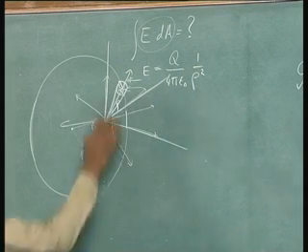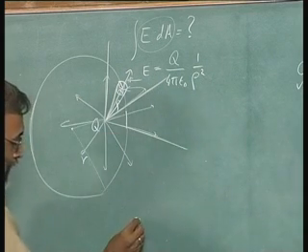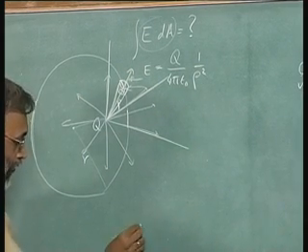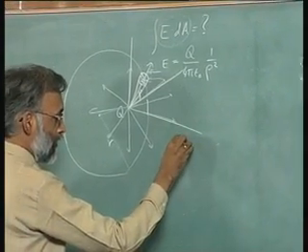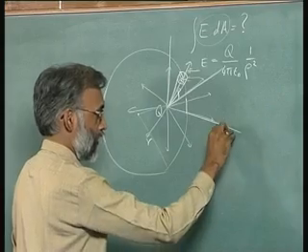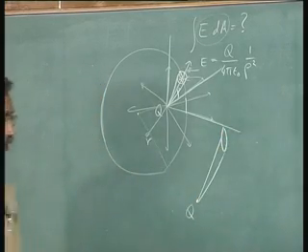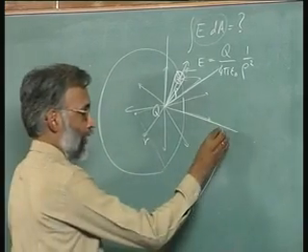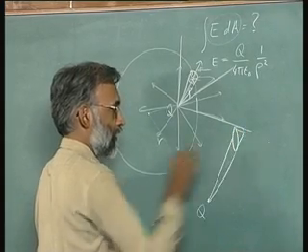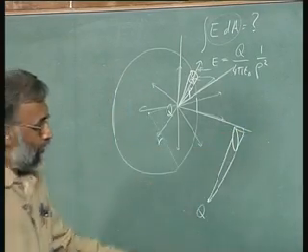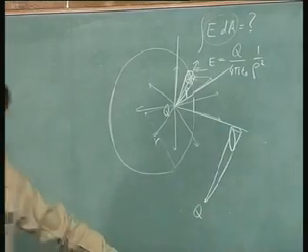Let me draw it again so that you can see what I am trying to get at. I have a charge q, I have a surface area that looks like this, and I am saying I really want to work out my result on a surface area that looks properly symmetric for the cone.